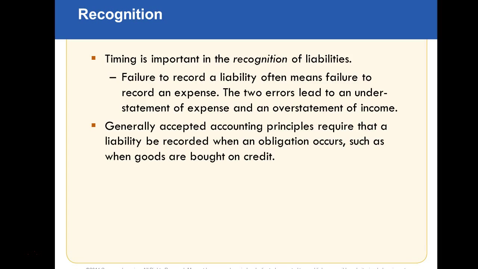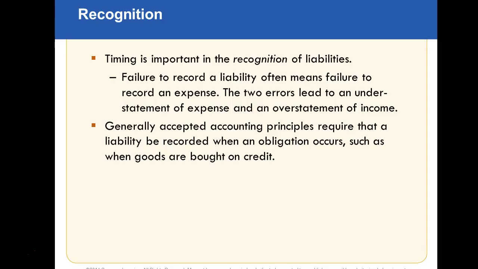Generally accepted accounting principles, also known as GAAP, get it? Generally accepted accounting principles, GAAP, require that a liability be recorded when an obligation occurs, such as when goods are bought on credit. So let's think of another example. We have inventory. We ordered and received $2,000 of inventory. What happens when we get that bill?